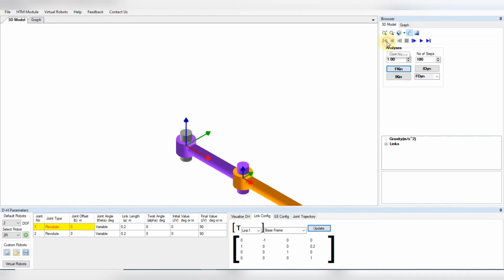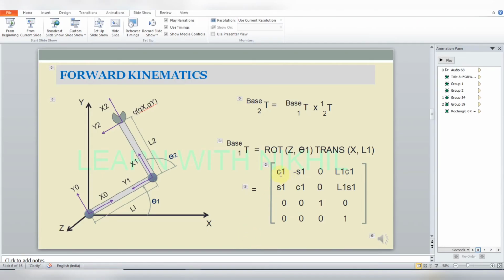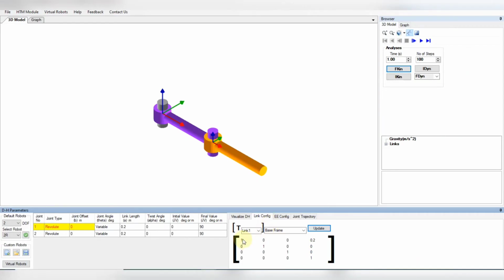If I go back to this initial position, the initial value is 0. So transformation of link 1 with respect to the base frame, if I update it, now as you can see the initial value is 0. So now here cos 0 is 1, so the value is 1.